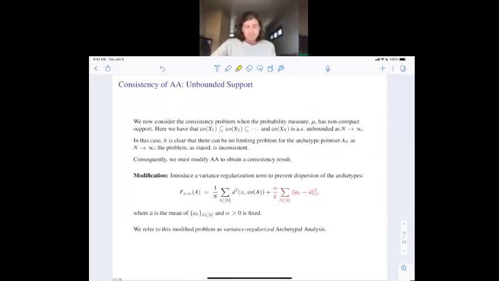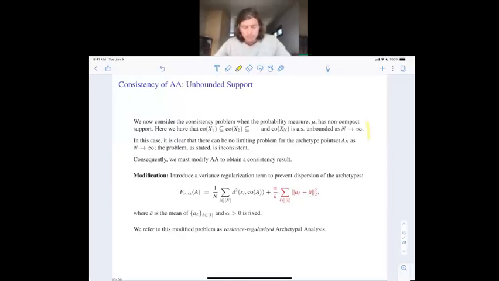So you might want to ask what happens if the support of the measure is unbounded. I already said what the problem is. If the convex hull of the data continues to grow and is unbounded, then you're not going to have consistency for the archetype polytopes.